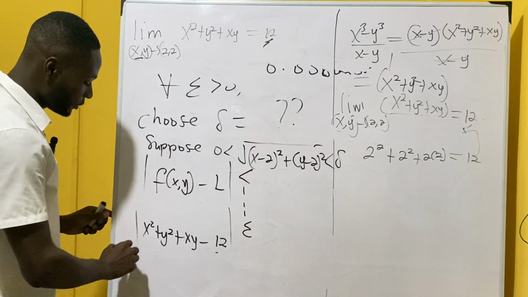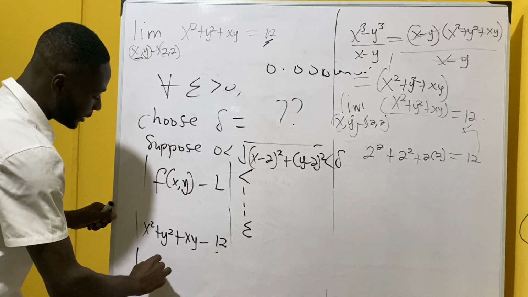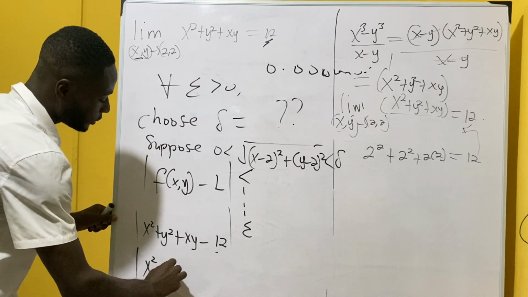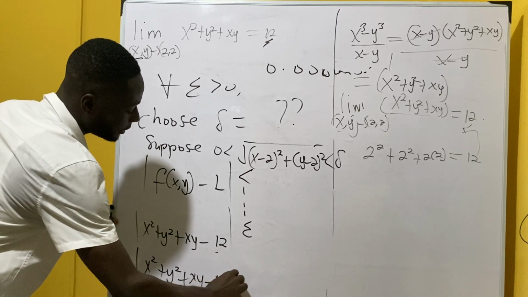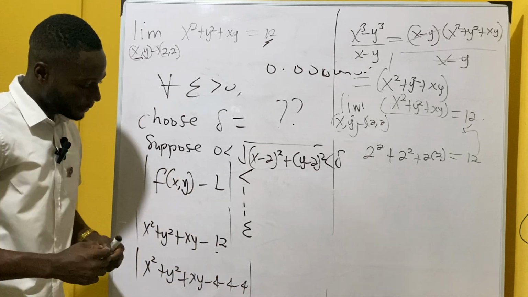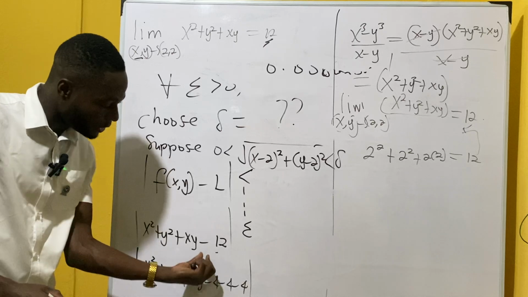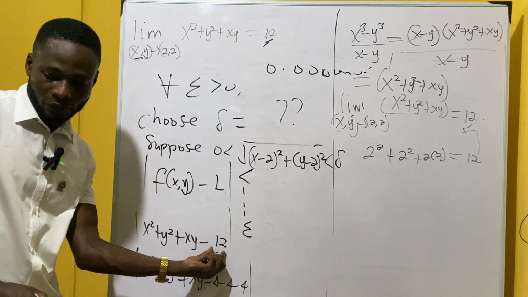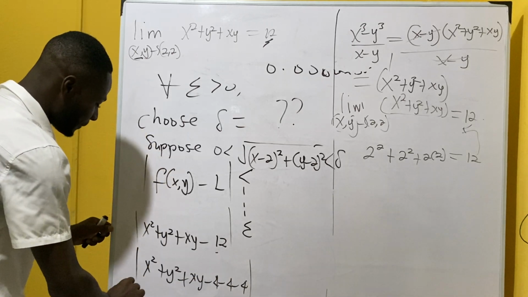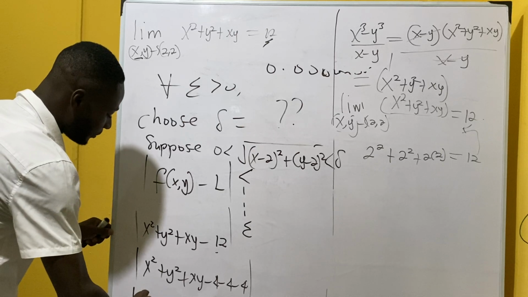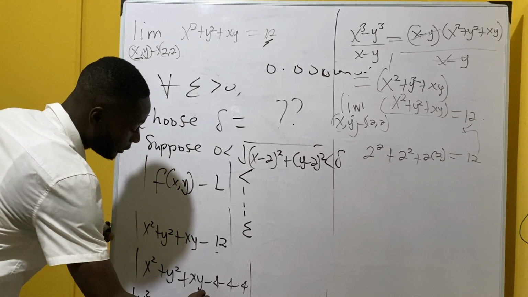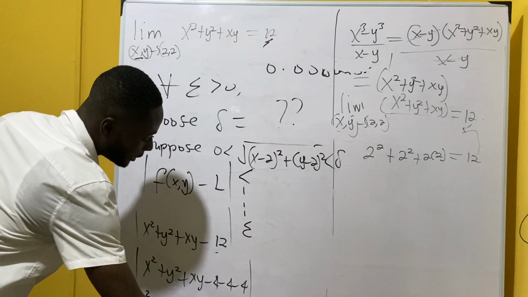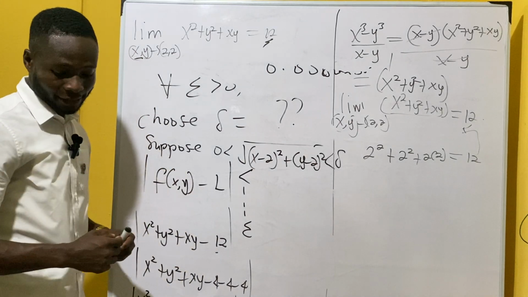So we have x squared plus y squared plus xy minus 4 minus 4 minus 4, because when you break this thing down, it's still the minus 12. So now we fix this here: x squared minus 4 plus y squared minus 4 plus xy minus 4.